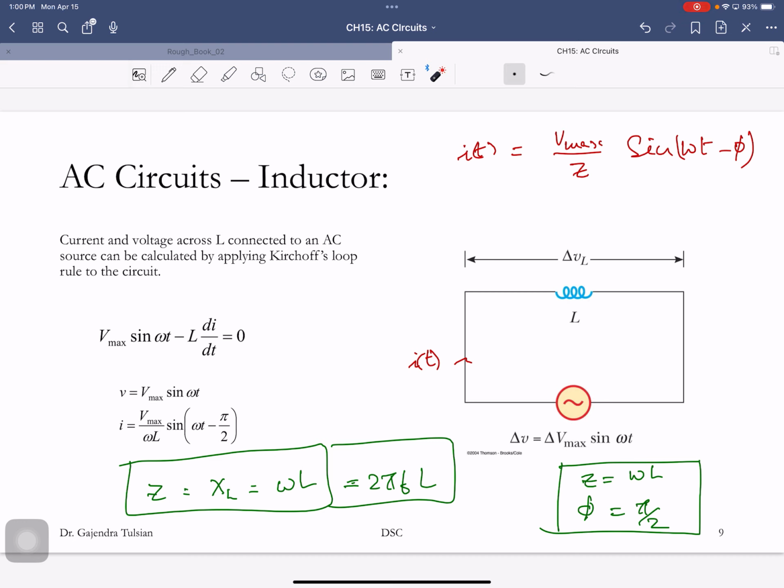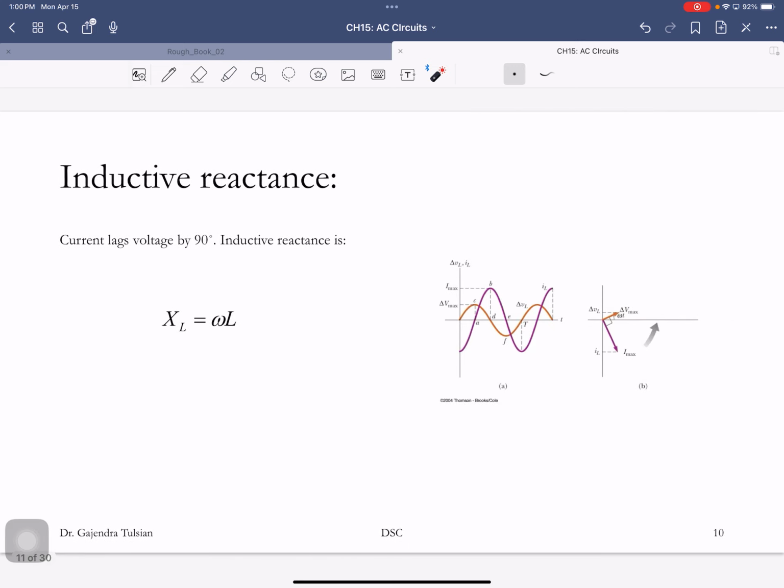And you can see that, here's the voltage, here's the phase of the voltage, and here's the phase of the current. And what this is saying is the current is not in lockstep with the voltage when an inductor is connected. So here's a diagram. Here's the voltage, and here is the current.